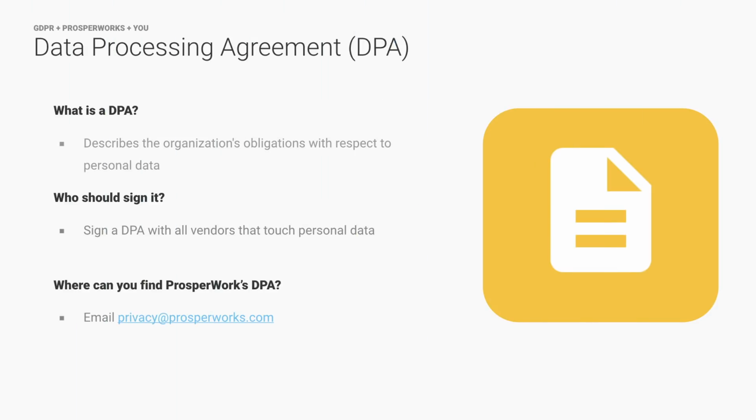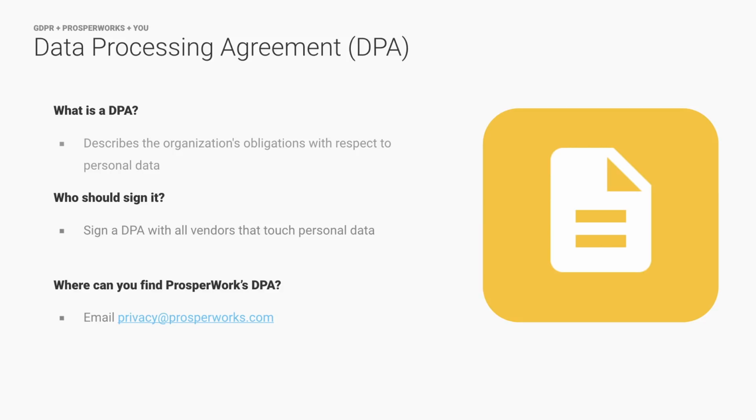Now GDPR introduces a concept called DPA, and the idea there is, how do you actually make sure that your data processors and subprocessors, all your vendors that touch data, are GDPR compliant? DPAs are documents. They stand for Data Processing Agreement, sometimes also called amendment or addendum. They all mean the same thing. The idea is that the DPA describes an organization's obligation to personal data.